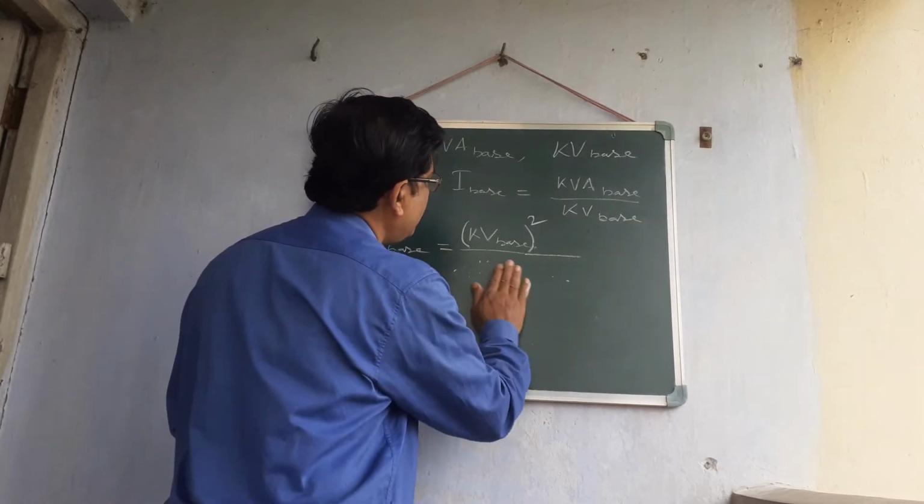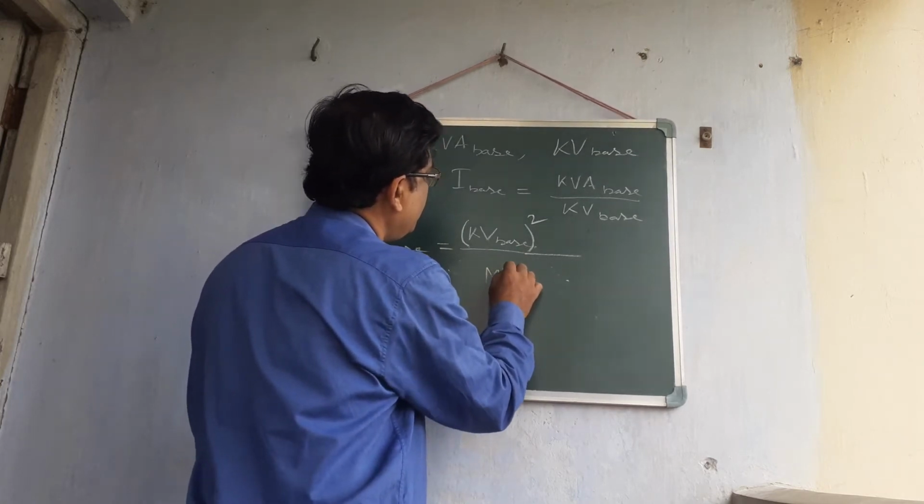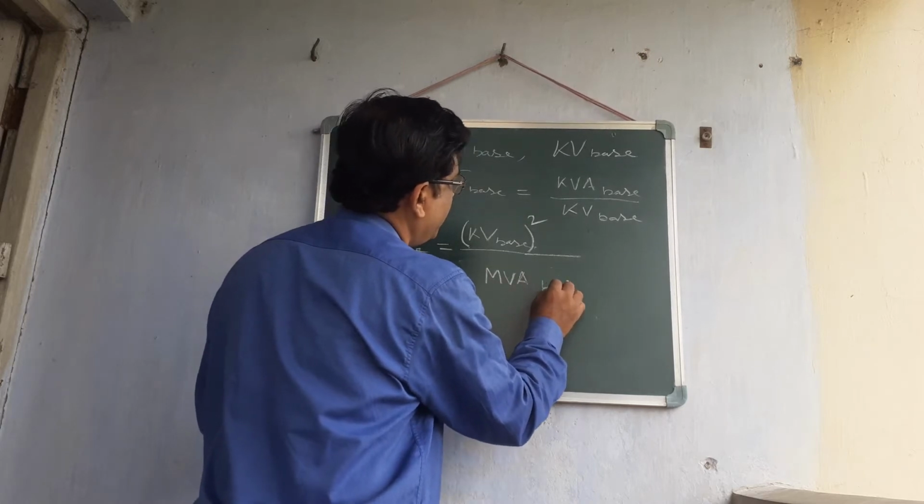So we can say Z base is equal to KV base square by MVA base.